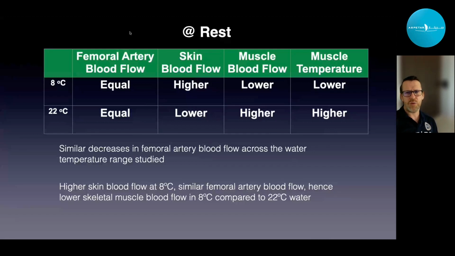That was a hypothesis we had, and it might be relevant to some of the clinicians here today, because maybe you use these types of interventions, cold water, when the athlete's in a rested state rather than immediately post-competition. It could be that really cold water promotes a better reduction in muscle blood flow because of its effects in the skin. But that was just some ideas we had, because of the limitations of the measures.